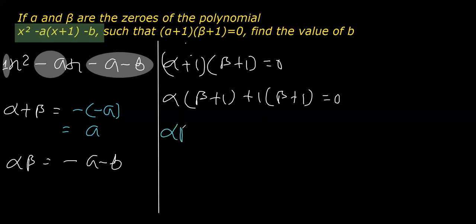And then alpha multiplied by 1 will be alpha only. But you can see here that if I multiply 1 with beta, that is beta, and 1 multiplied by 1 is 1, is equal to 0.